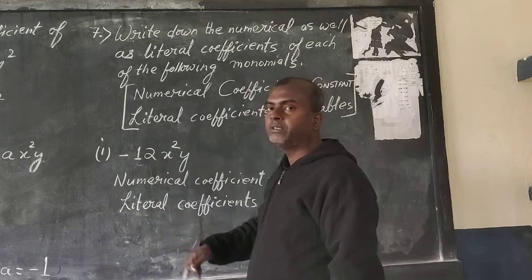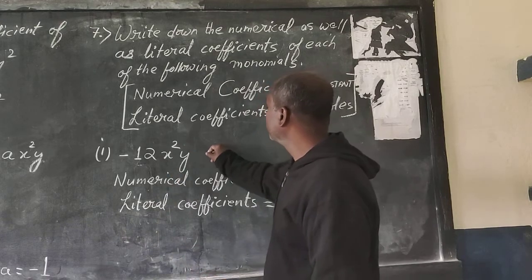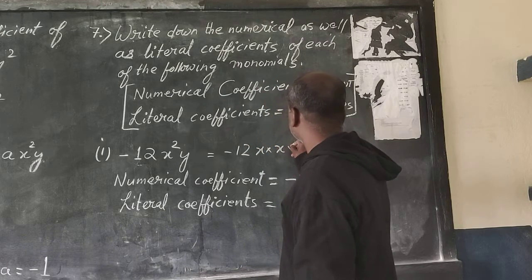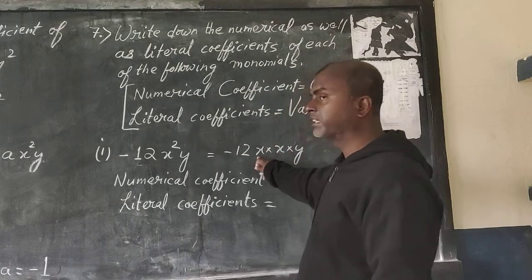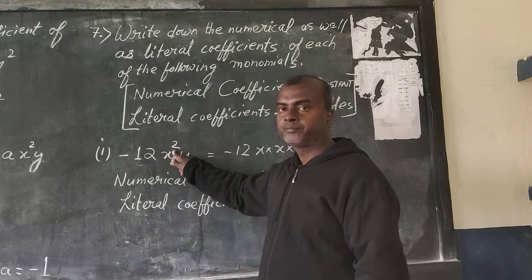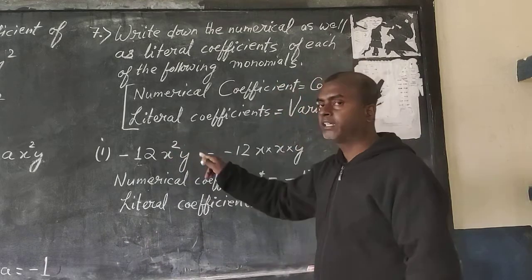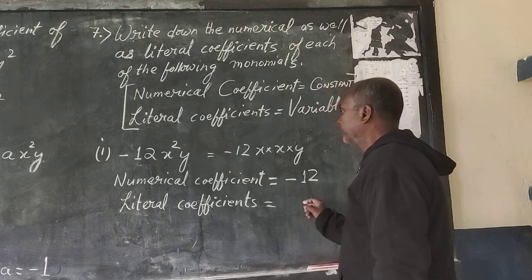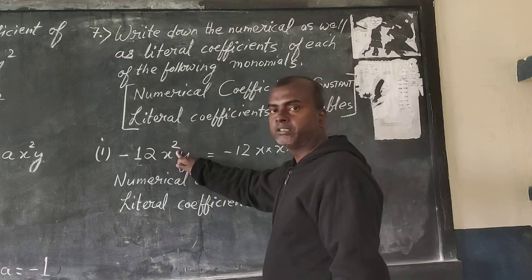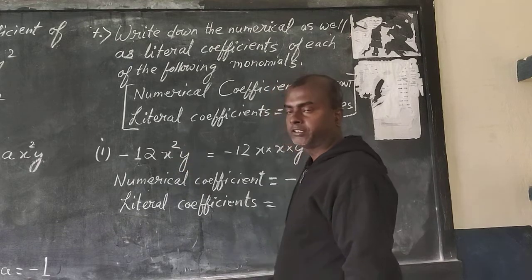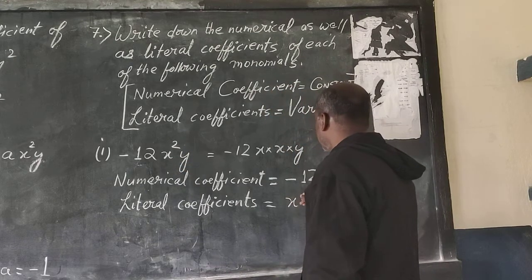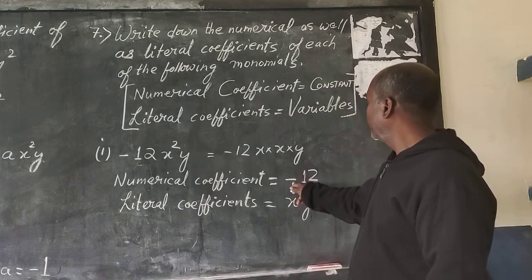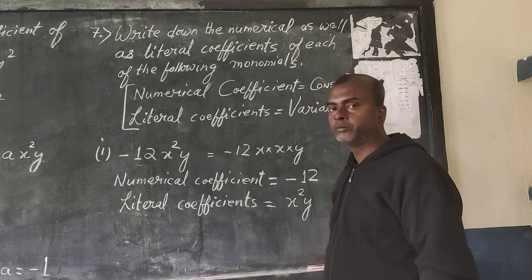Here x square simply means there are two x's. It means minus 12 x into y. So instead of writing x into x, we write x square. That square sign will also have to be written in the literal coefficient along with the variable, because this square is not a number, it's the power of x. So x square y is the literal coefficient, minus 12 is the numerical coefficient.